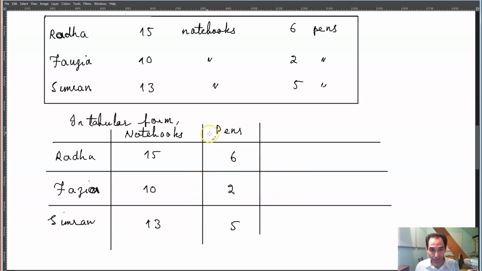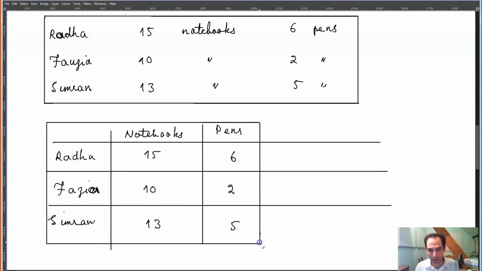So that is the information in tabular form, right? And of course let me close this table so that it looks nicer.